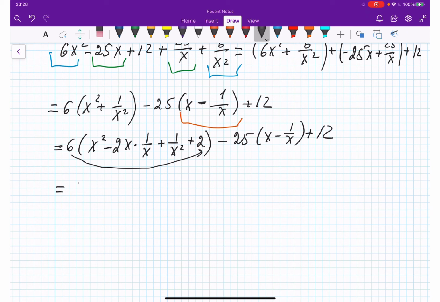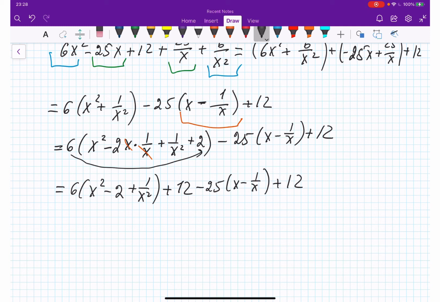So here we get 6 times x squared minus 2, because here we canceled, right? Minus 2 plus 1 over x squared and plus 12, right? 6 times 2, 12, and I'm taking out. Minus 25 x minus 1 over x plus 12.